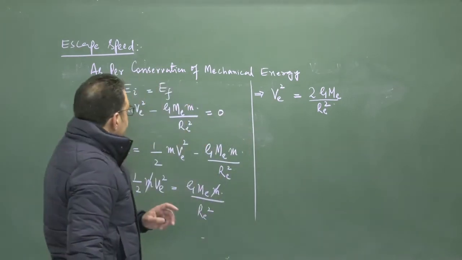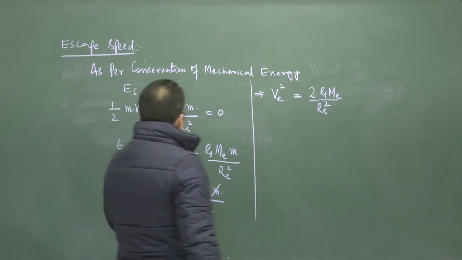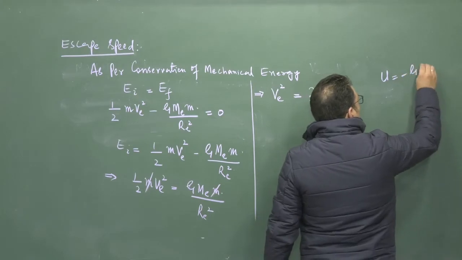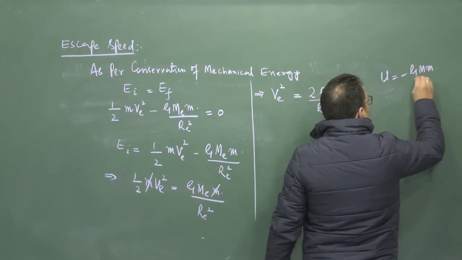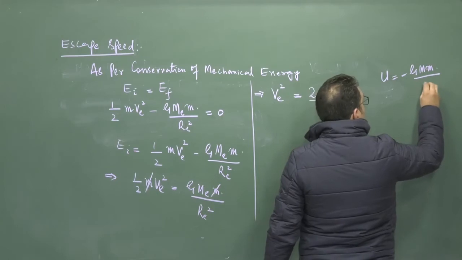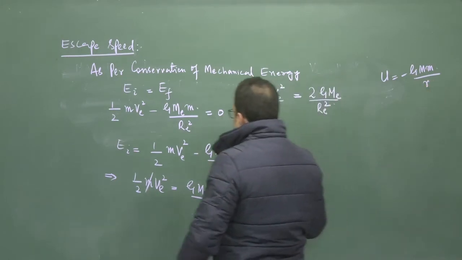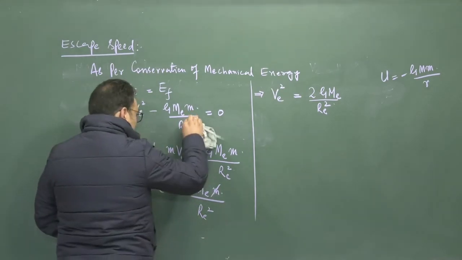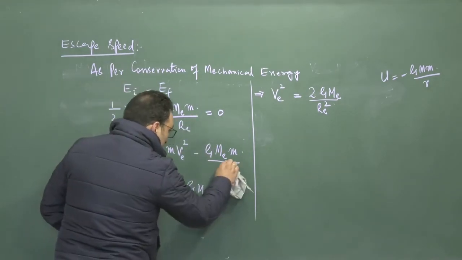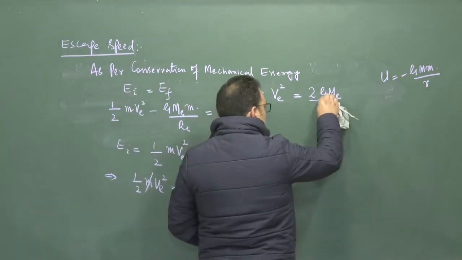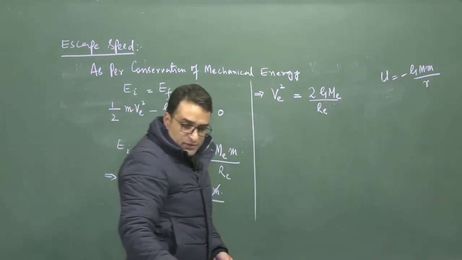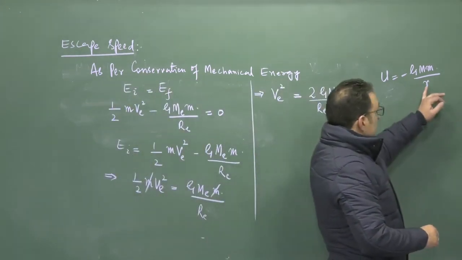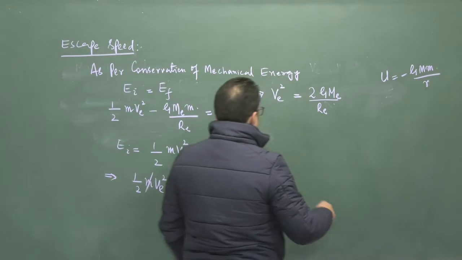Now see, this gravitational potential energy is minus G M m by r, not r square. So the square needs to be neglected, because we have the expression for gravitational potential energy as minus G M m by r. On the Earth's surface, small r is to be replaced by R_E.